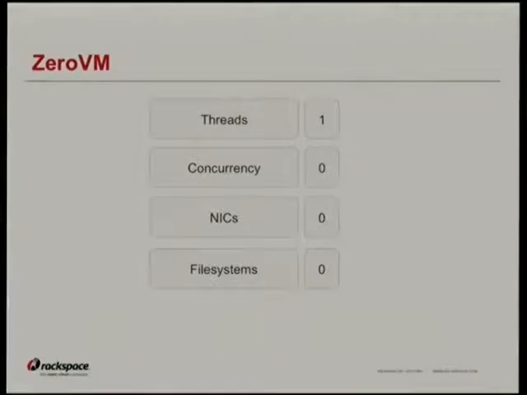So the four characteristics of ZeroVM are as follows. It only allows single-threaded applications. There is no concurrency within a single ZeroVM instance. Concurrency can be achieved by running multiple ZeroVM instances, which we'll talk about later on. That's where the magic essentially happens. It doesn't have to deal with any hardware devices, not just NICs.